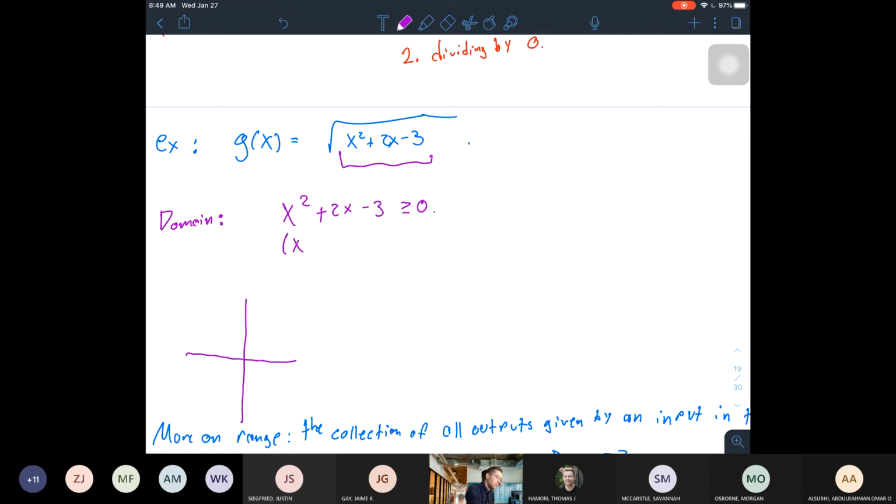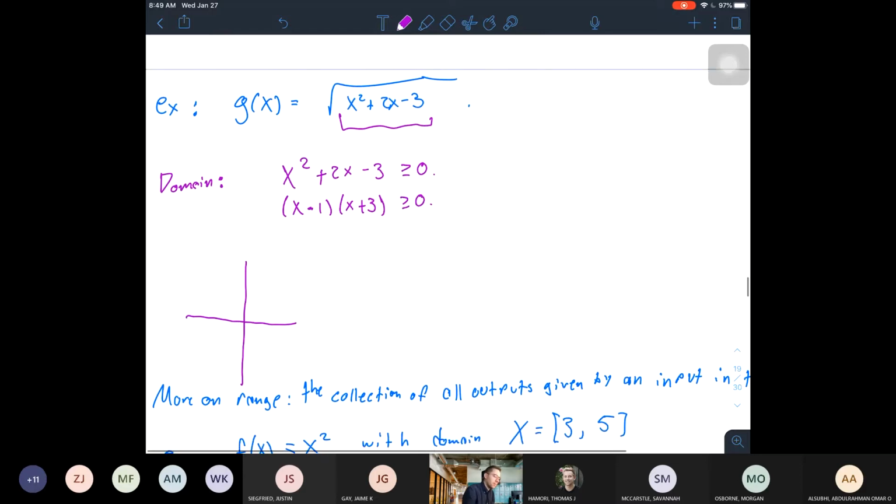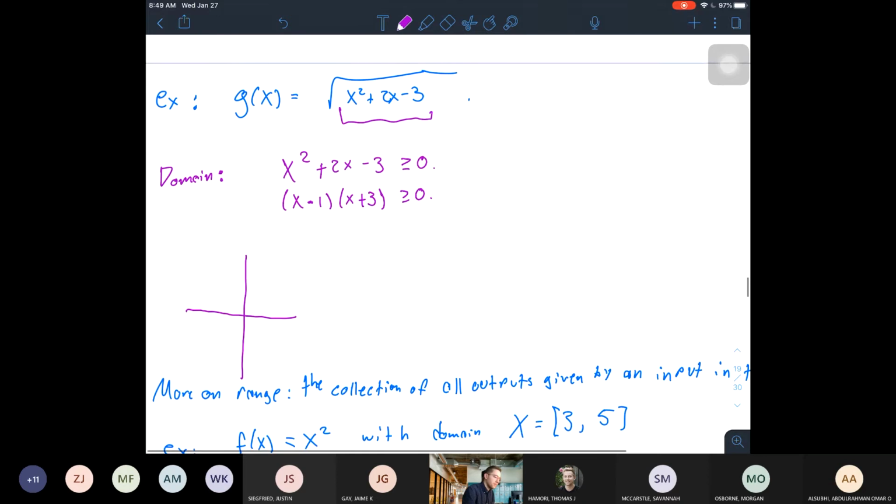I think those factors are going to be x plus 1 and x, no, sorry, they should be x minus 1 and x plus 3. So we know that these are the factors of the polynomial.